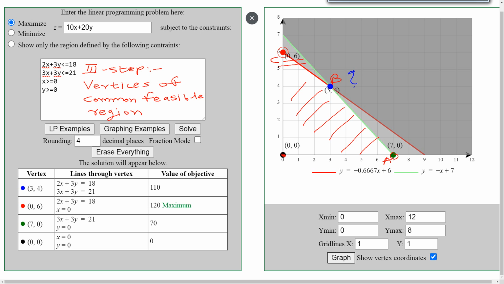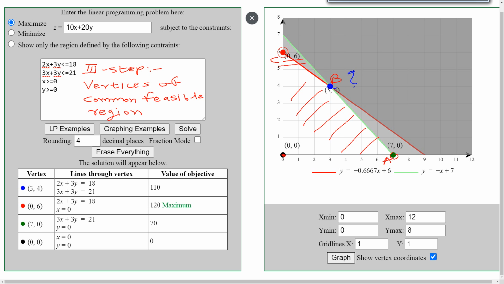B is the intersection point of these two lines, and we have seen how to find the intersection point of two lines. If you have not gone through that video, I'll request you to go through that video and see how we find the intersection point of two lines. Now what are the equations of the two lines here? 2x plus 3y is equal to 18 and 3x plus 3y is equal to 21.